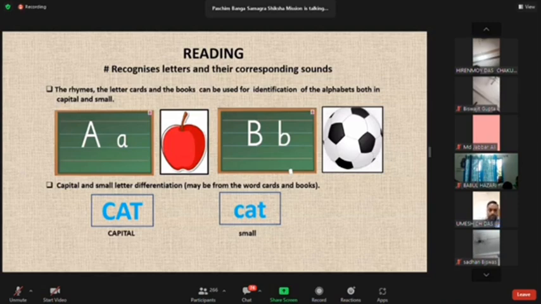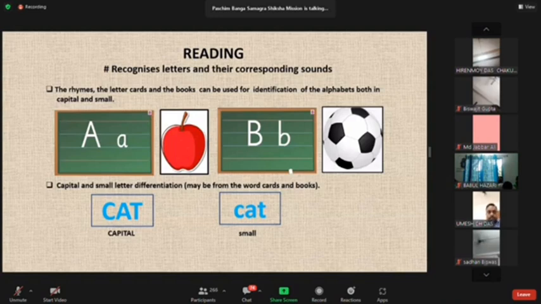And one more thing, here you can see in the slide that we have taken cards that have some lines. We can easily take cards that do not have the lines, only the alphabets.